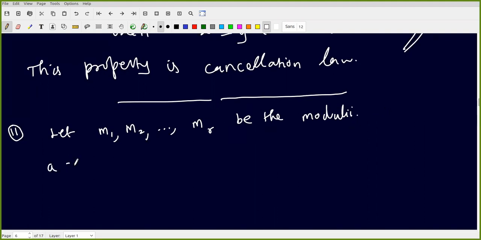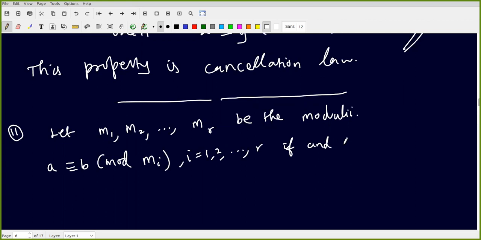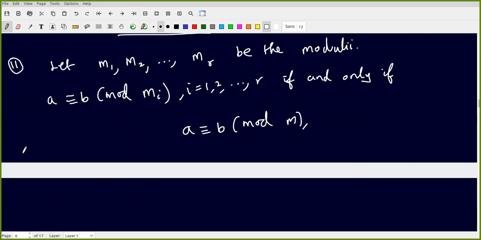So A is congruent to B modulo Mi, i runs from 1 to R, if and only if A is congruent to B modulo M, where M is the least common multiple of M1, M2, etc., Mr. So this property holds for M.